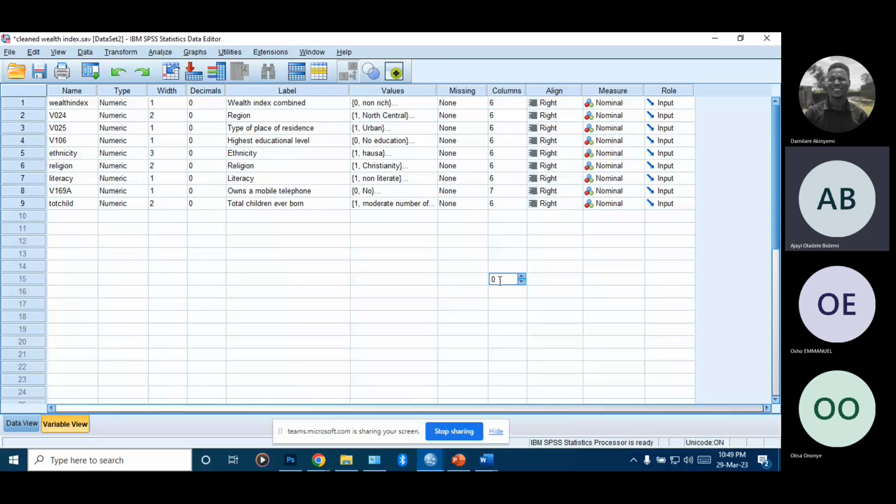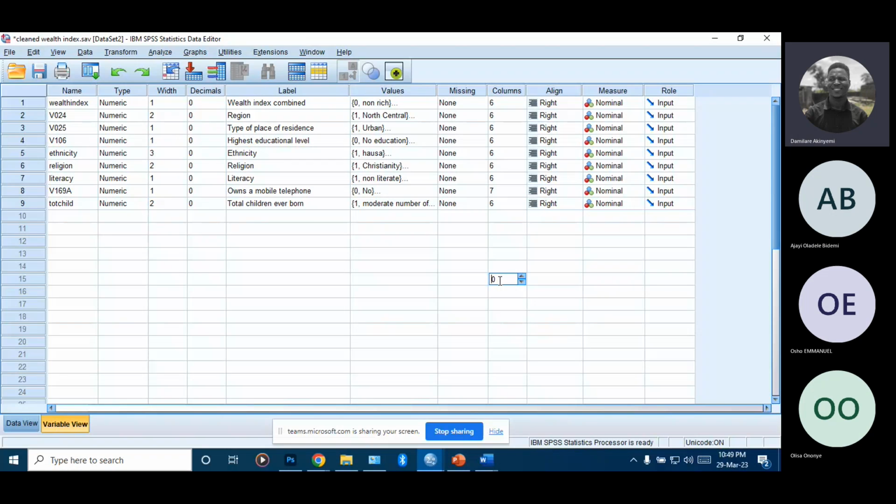Then consider using binary logistic regression, because your dependent variable is measured on a binary scale. It's either 0 or 1. It's either you are sick or you are not sick. Do we understand?